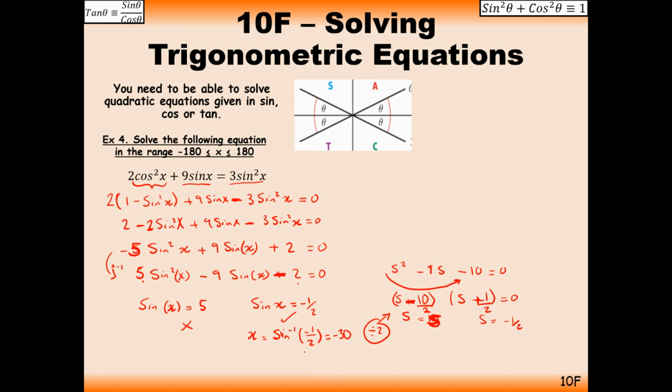Alright, so we're not finished yet. This negative 30 is one of the valid answers there, but don't forget sine of negative 30 is equivalent to sine of 180 minus a minus 30, which makes this a plus, and the other angle is 210. And 210 is beyond 180. So what else can we do?